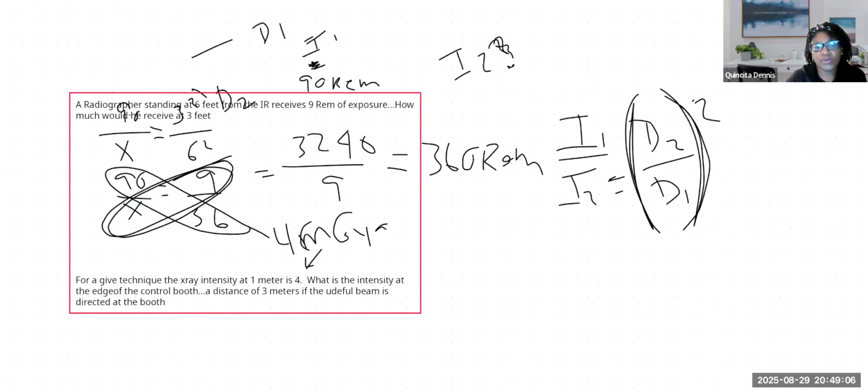So should your dose increase or decrease? It should decrease. Okay. It should decrease.